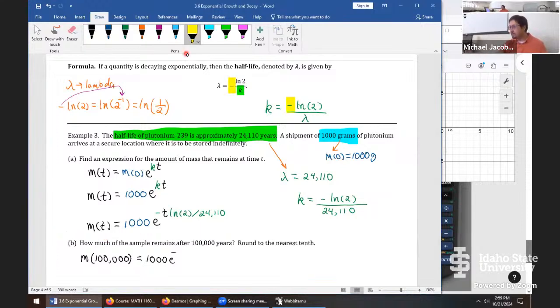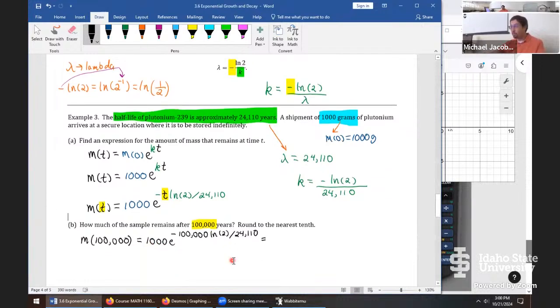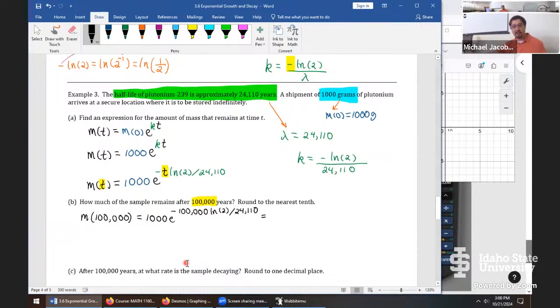In place of t, let me highlight this in yellow just to emphasize, we're throwing in 100,000 inside that location, so it's going to be negative 100,000 natural log 2 divided by 24,110. Kind of hard to look at, but again, for the sake of a real exam, definitely put this on paper so that even if there's the simplest mistake on the calculator, you'll still get massive partial credit if this is all correct right here.